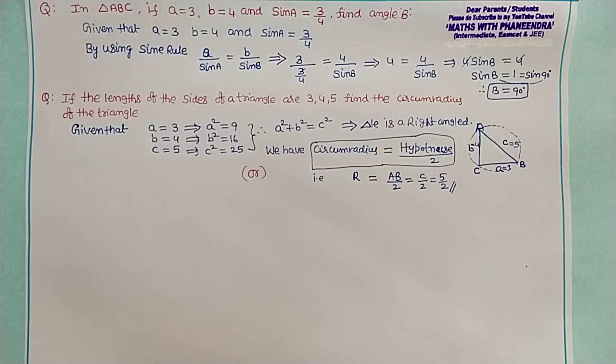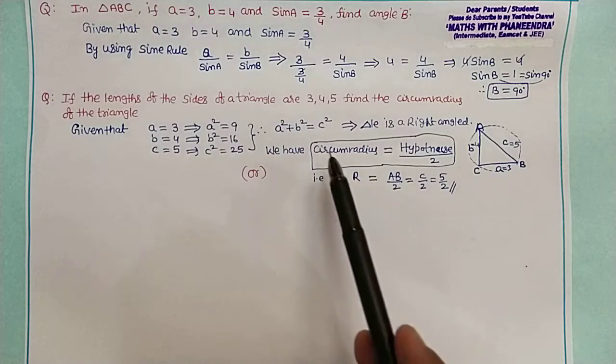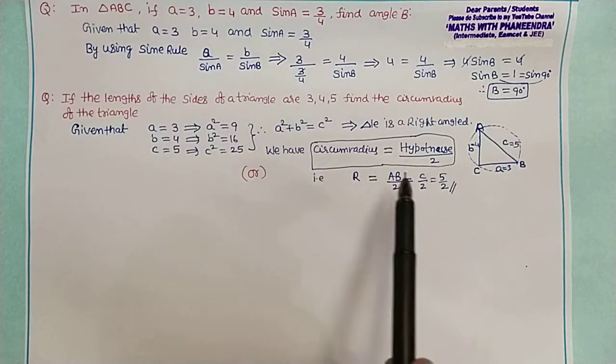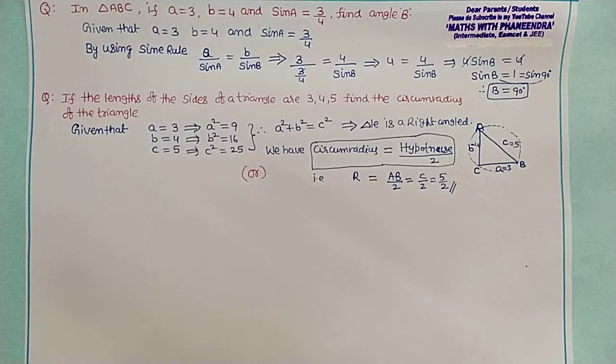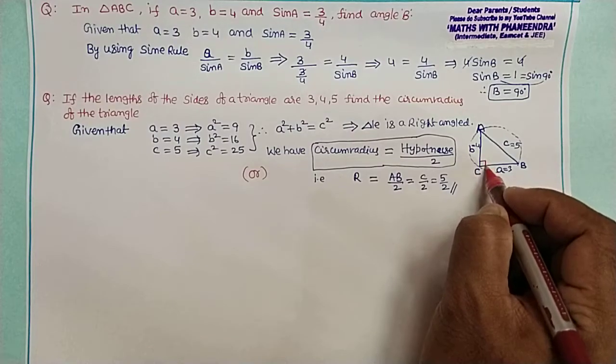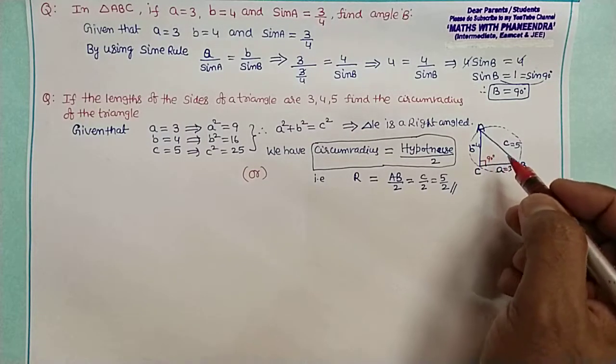See here, an alternate method we are also going to discuss now. Whenever we get that C is a right angle, after getting a square plus b square equal to c square, angle C is 90 degrees.